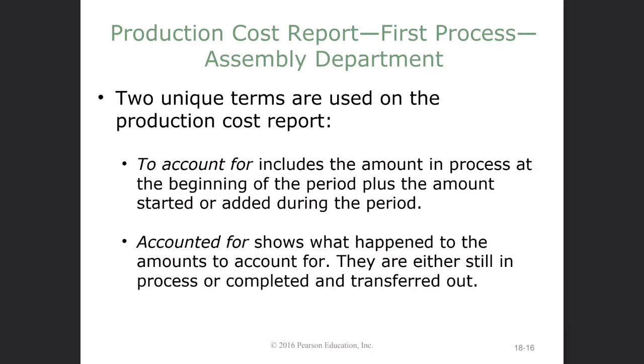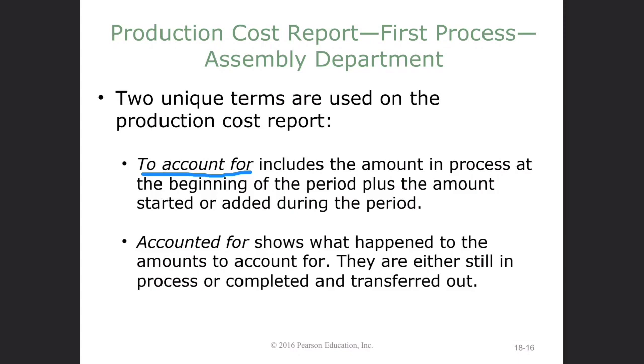I'm going to explain it to you a little bit easier than this. So basically, to account for is anything at the beginning. What we are accounting for. We have not yet accounted for it. So we have to account for.